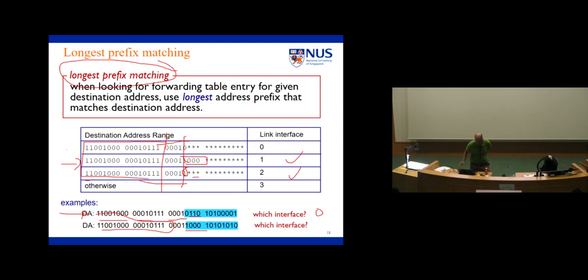And here I only have 21 bits of the prefix which is matching. So in this case, this is going to go to 1. And in case nothing matches, of course, there's this default otherwise thing. Questions?